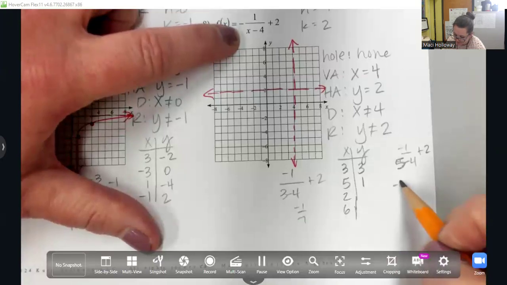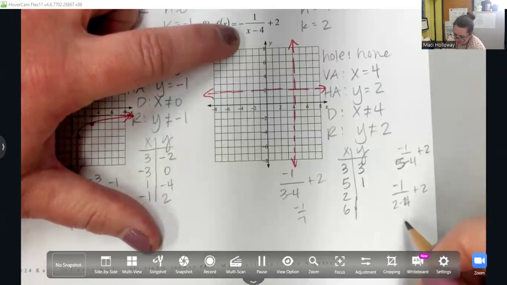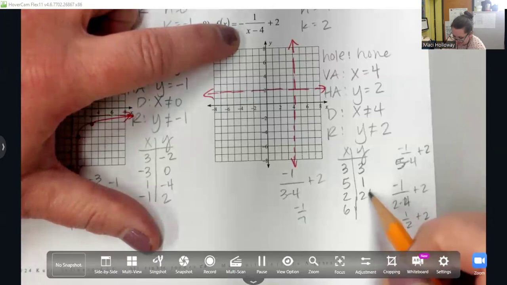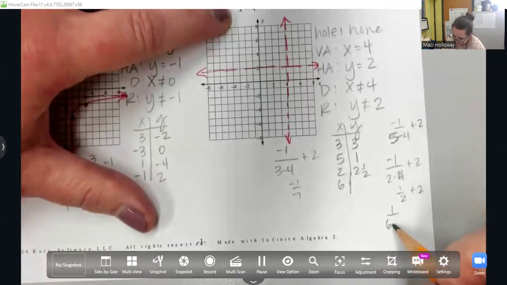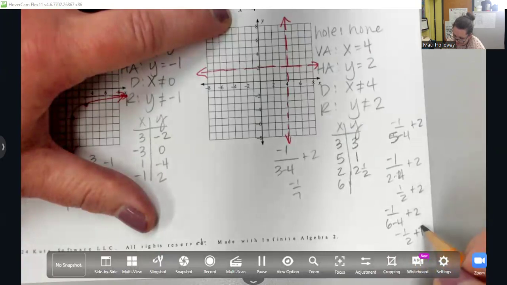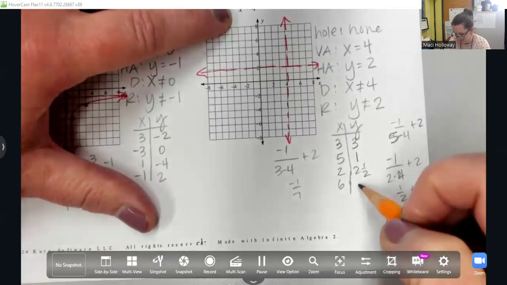And then if we plug in 2, -1 divided by 2 minus 4 plus 2, that's positive 1/2 plus 2 is 2.5, not too bad. And then 6 minus 4 plus 2, that's negative 1/2 plus 2 is 1.5.